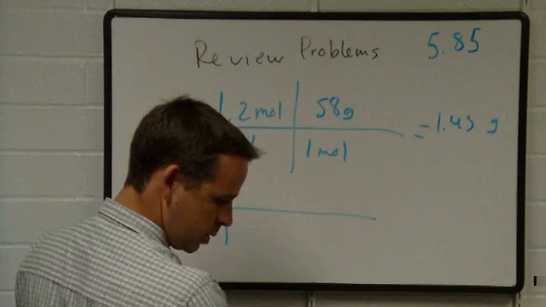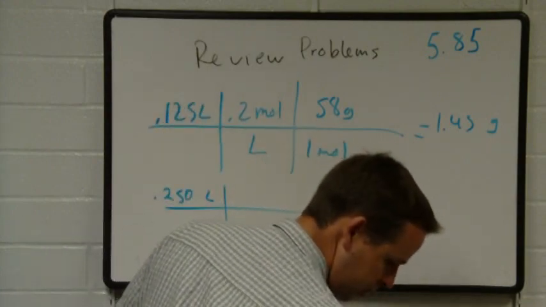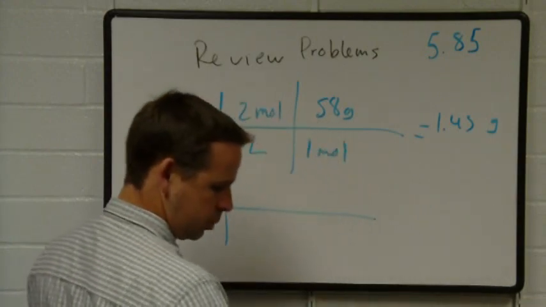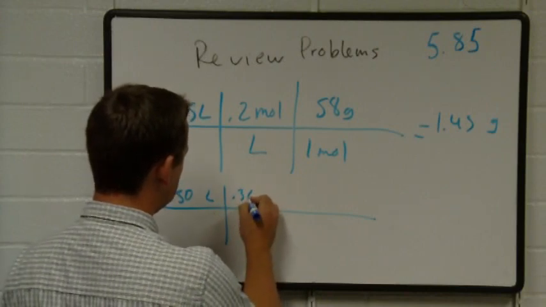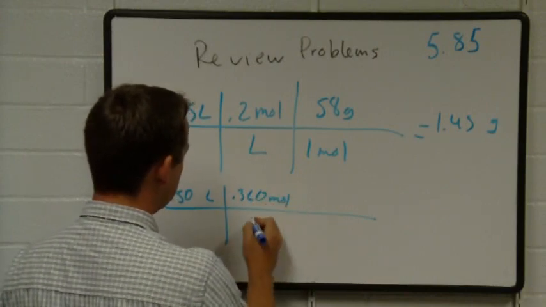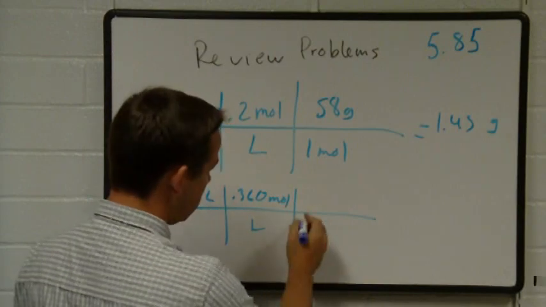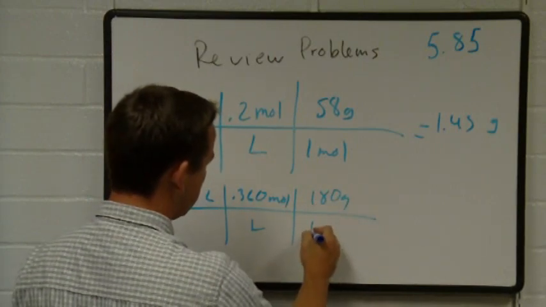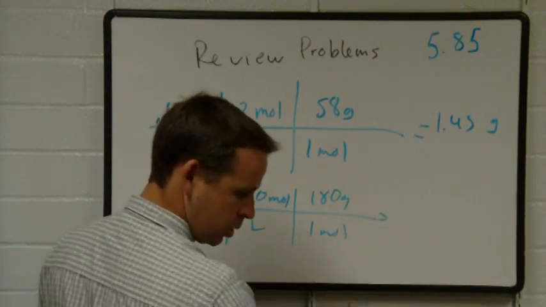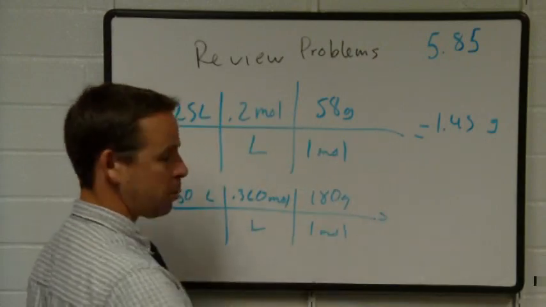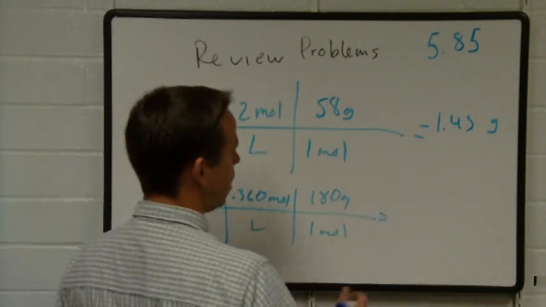The molarity is 0.360 moles per liter. And this is 180 grams per mole. That's what sucrose, or glucose is. I just happen to know that one because I'm always working with it. 180 grams per mole.